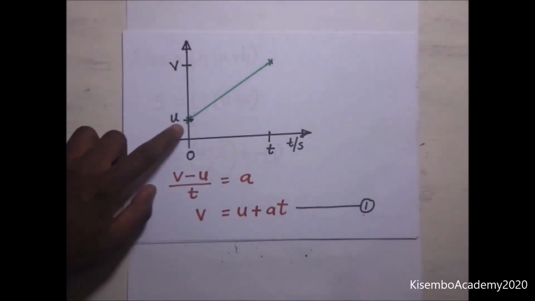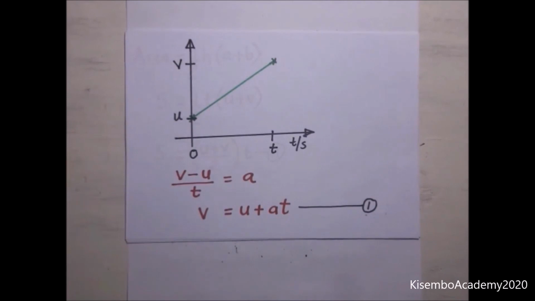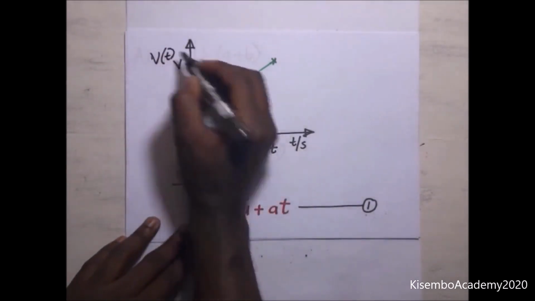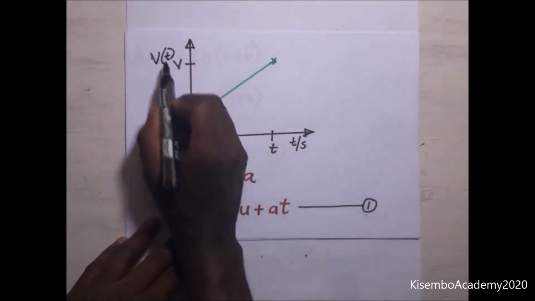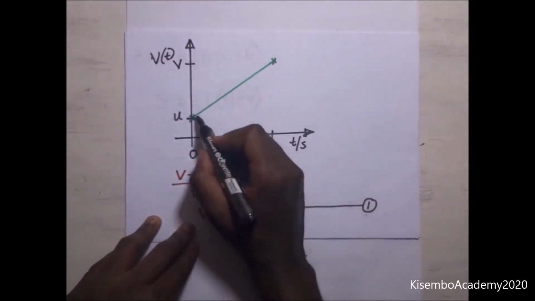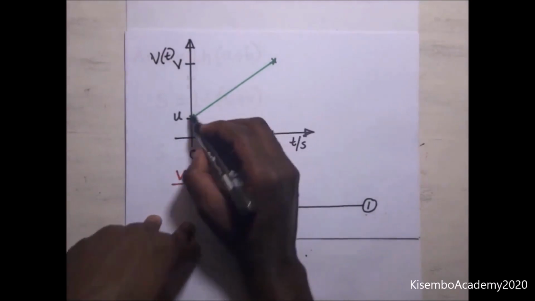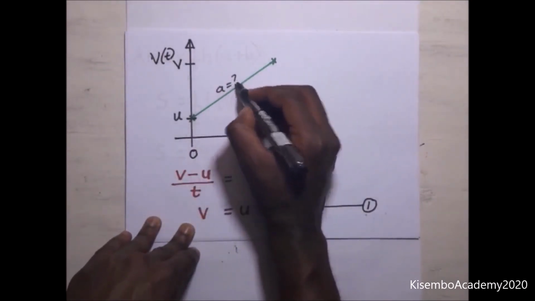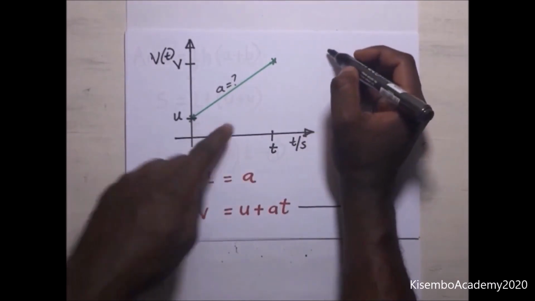Looking at our first equation of motion, we are going to consider an object moving from initial velocity u to final velocity v, and when you draw a velocity-time graph, this is velocity in meters per second, this is time in seconds. To find the slope of this graph, which gives the acceleration, the slope is the change in y.